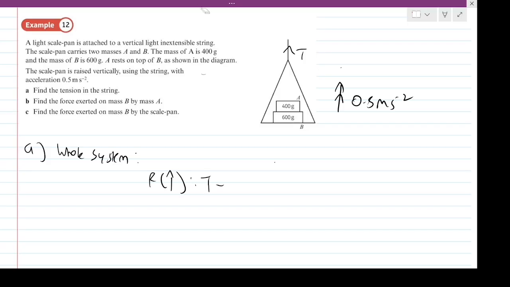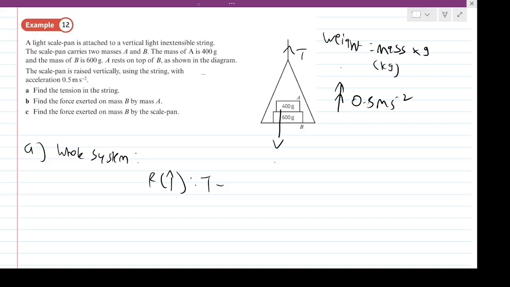take away the forces downwards. Firstly, it'll be the weights, right? The weights dragging A and B down. The weight is mass times G, but remember, mass has to be in kilograms.